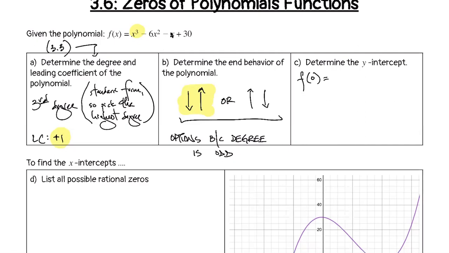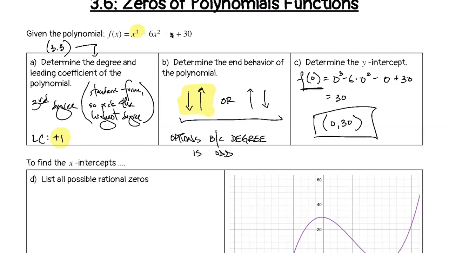Now, I know a lot of us can do these computations in our head, but this notation, f of 0, tells me that you understand how to find the y-intercept. And you can even just say, I'm just going to plug in 0 here. And at the end, we get 30. But we want to make sure we write our coordinate. So 0, 30.